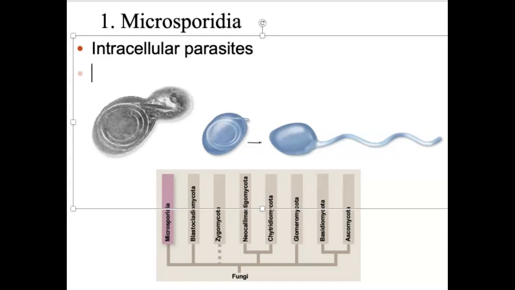Microsporidia are those intracellular parasites. They actually can get inside the cell and parasitize internally and create problems. Your immune system can't find them.